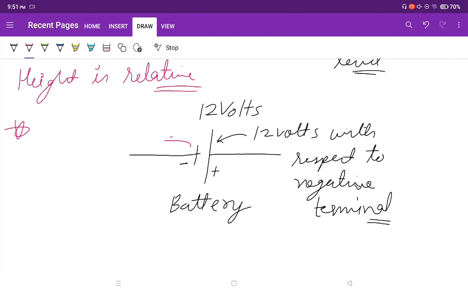So if negative terminal is at 0 volts, then positive terminal will be at 12 volts.